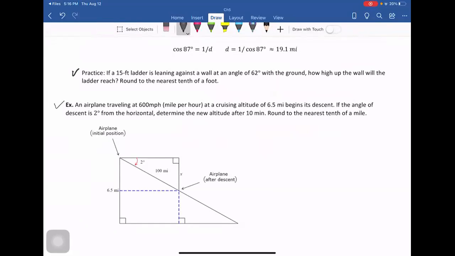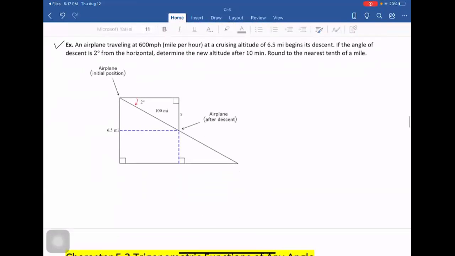If the angle of descent is 2 degrees from the horizontal, determine the new altitude after 10 minutes. Round to the nearest tenth of a mile. Please pause the video and read the question by yourself.